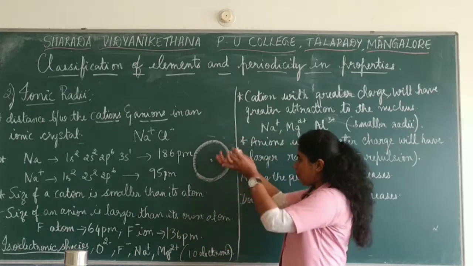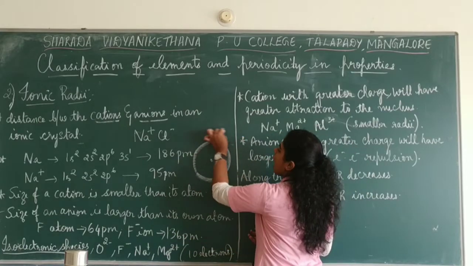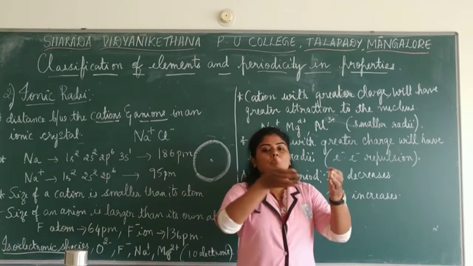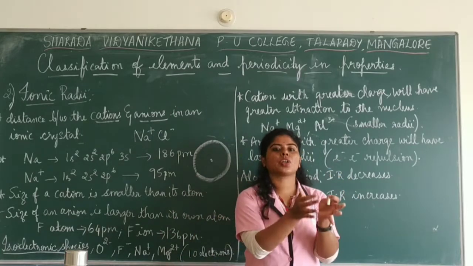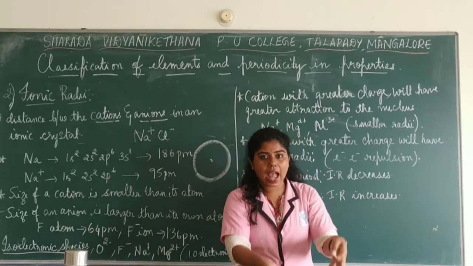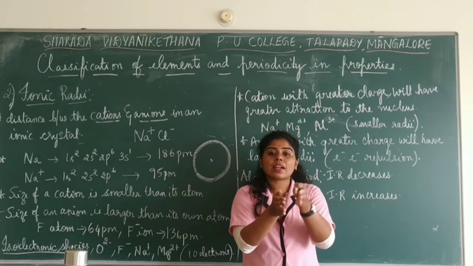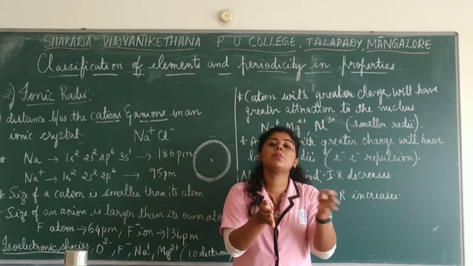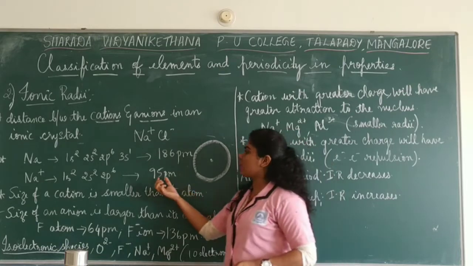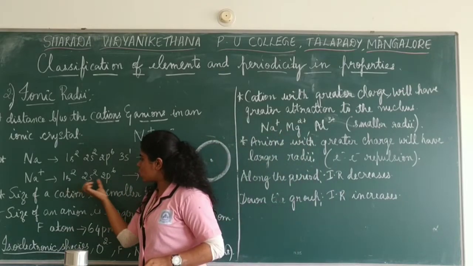So when you add an electron, it may be added in the next valence shell, correct? Or when you add more electrons to a particular atom and it becomes an anion, what happens there? Electron repulsion will be more. The electrons start repelling between different shells. Suppose you imagine these two shells.